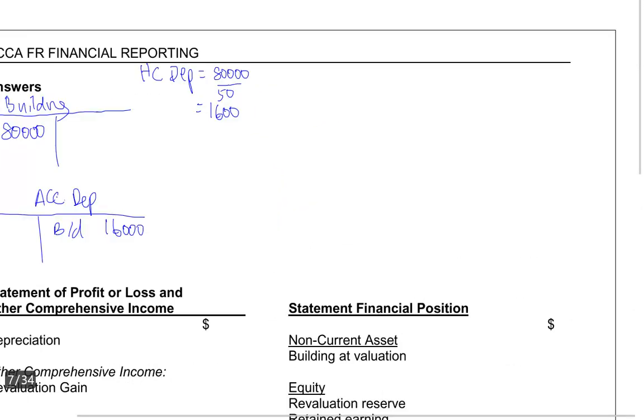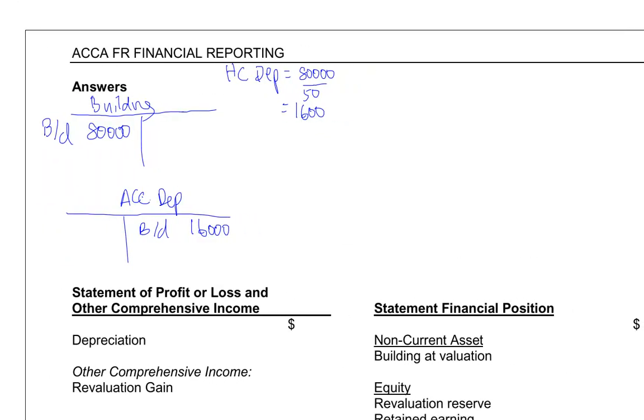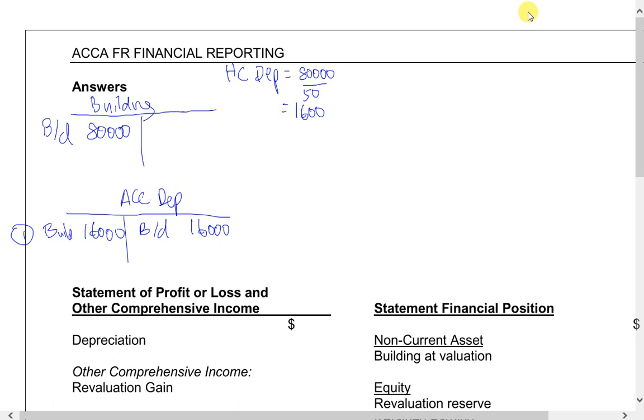For the ledger, what's the first step? You reverse out step 1. It means I reverse out all my accumulated depreciation, make it 0, and I credit building. Debit and credit.